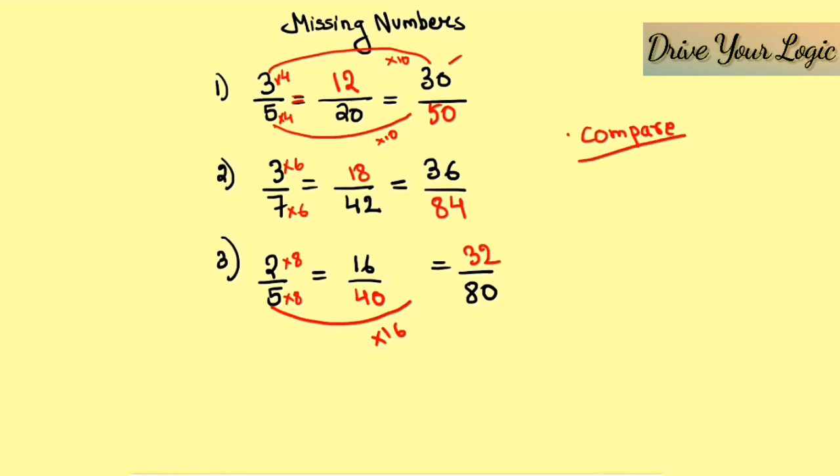The concept remains the same. When you multiply 5 into 16 and 2 into 40, 2 into 40 is 80. Similarly, 5 into 16 is also 80. Cross and cross, the same thing we have done. That is called equivalent fractions.